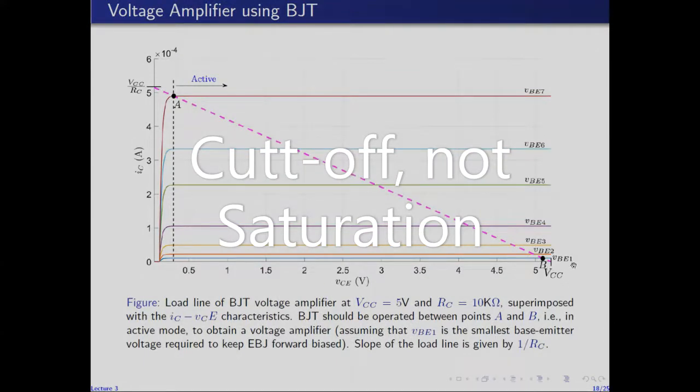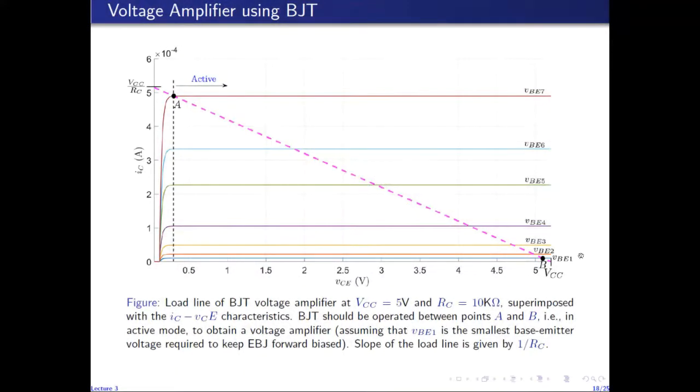For example, VBE1 could be equal to 0.4 volts, and below 0.4 volts, the emitter base junction is essentially reverse biased and there is no conduction. So considering that the device turns on at VBE1, then for operational voltages lying within this portion of the load line, we consider the device to be operating in the cutoff mode.